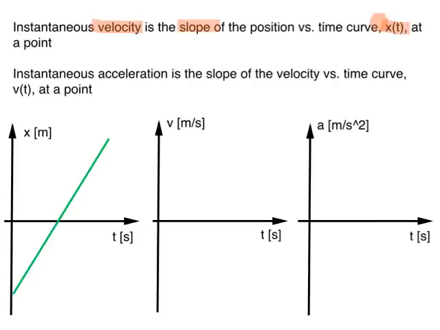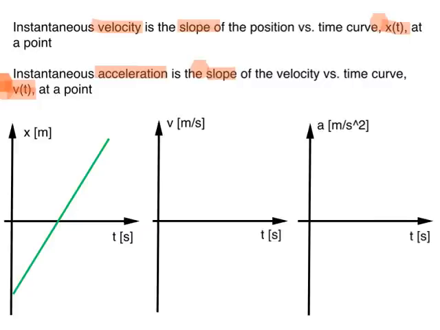And the instantaneous velocity is going to be the slope of that curve at any given point. Meanwhile, instantaneous acceleration is going to be the slope of a velocity versus time curve, which we write mathematically as v of t. And the instantaneous acceleration is going to be the slope of that curve at some point.